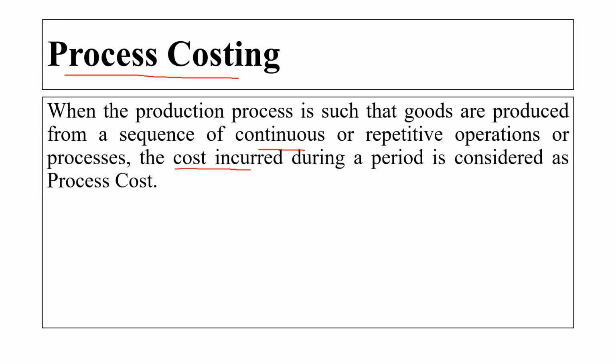Okay, our processes are continuously going on. An example of this process costing is a chemical industry, maybe a gas or electricity generating concern, may be quoted as an example of an undertaking that employs process costing. Process costing in simple words is whatever cost we are incurring during the process of manufacturing the final product, that is called the process costing.